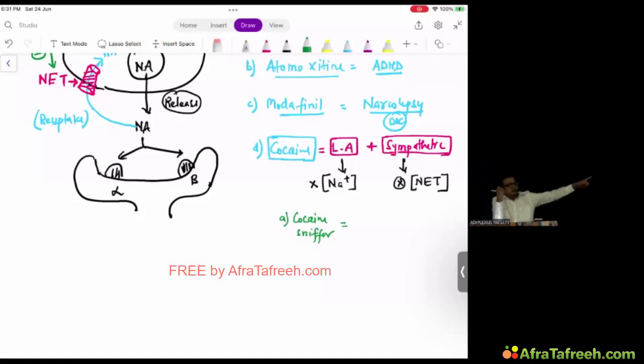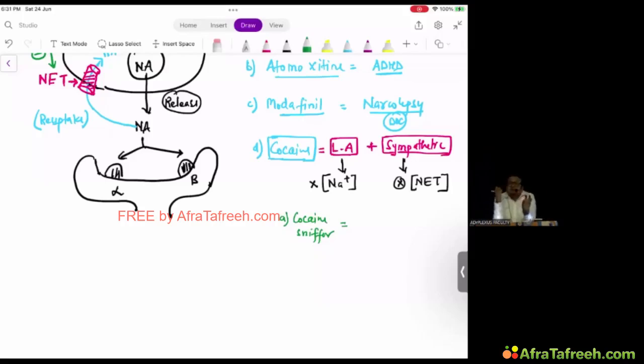It's a sympathetic drug. Sympathetic drug will cause vasoconstriction. So blood vessels of the nose and palate undergo vasoconstriction. When there is vasoconstriction, blood supply to the nasal septum and palate will decrease. Less blood supply, the mucosa will atrophy.